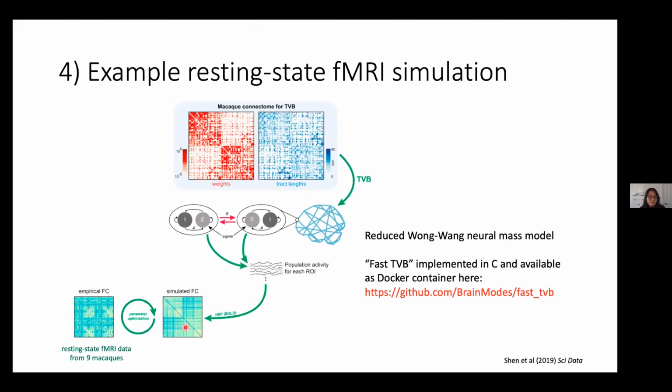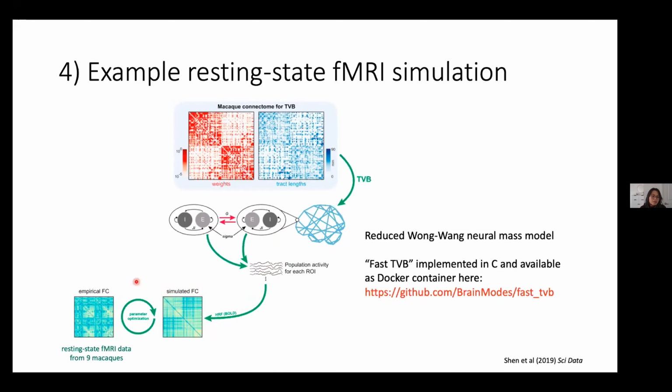And then we computed functional connectivity using Pearson correlations of the time series for the simulated data, and then did a parameter optimization with the empirical functional connectivity matrices from empirical data collected from those same macaques in resting state fMRI.